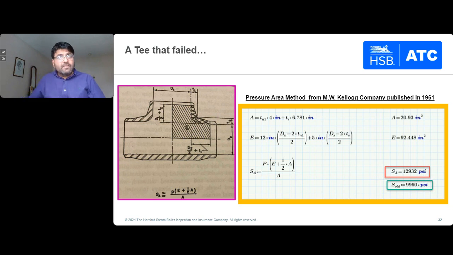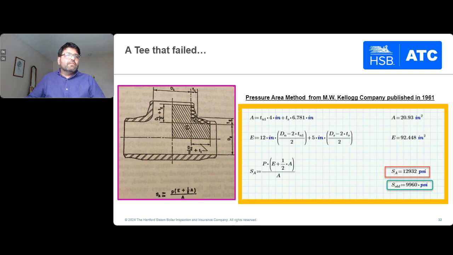Now, in ASME Boiler and Pressure Vessel Code books, the pressure area method is, I would say, not foreign. In Section 8, Division 2, we have the pressure area method in Part 4. But what I have done here is use a handbook that I happen to have.